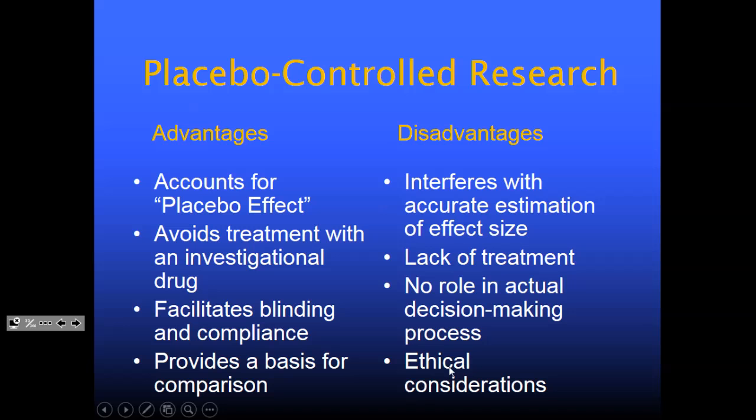We looked at the ethical considerations. It's really sort of useless in practice, even though there is a placebo response of 30 to 40%, but oftentimes physicians, pharmacists, again, we'd rather not treat with placebos. I think we'd rather understand what the underlying issue is and treat that. And the placebo interferes with that accurate estimation of effect size.